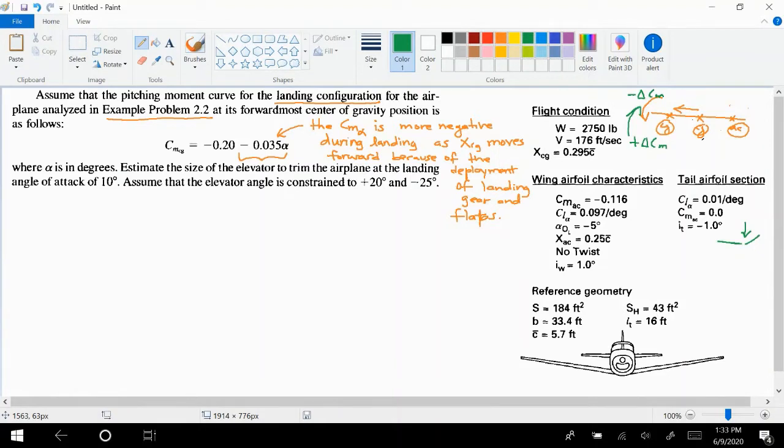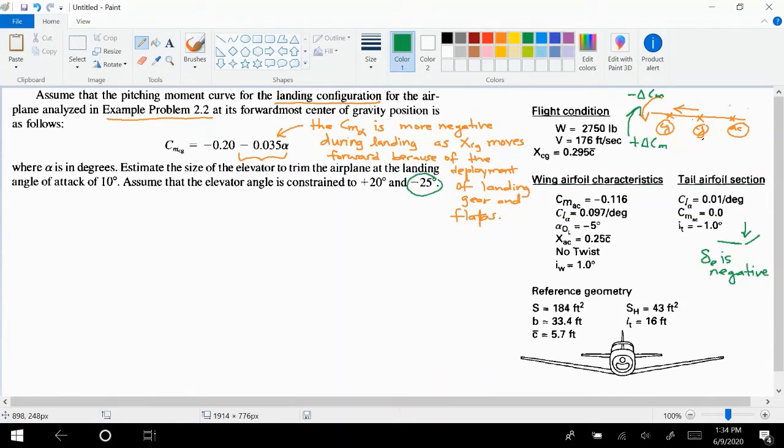So just based on the scenario that we are given, we know that at some point in the solution process, the value of delta E that we will have to use has to be negative. In case we have to use the maximum value of elevator deflection, then we will be going with negative 25 degrees and not plus 20 degrees, because we know that during landing the elevator has to be deflected upward based on our physical understanding of the problem.